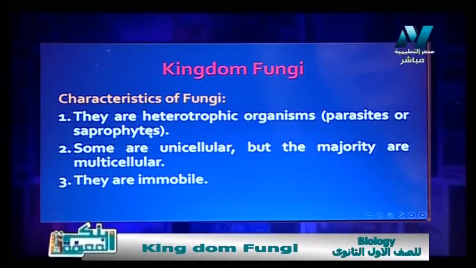So they are heterotrophic organisms. They can be parasites or saprophytes. Some are unicellular, like yeast, and we are going to study it. And the majority are multicellular. They are immobile, that means they cannot move by themselves.